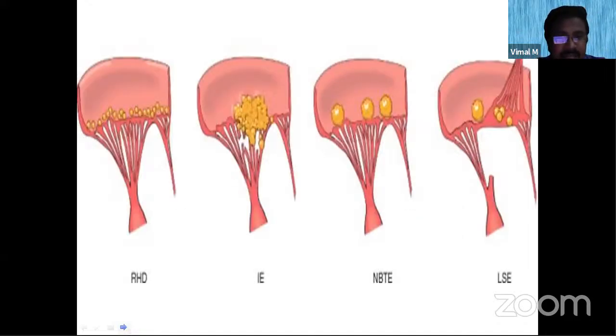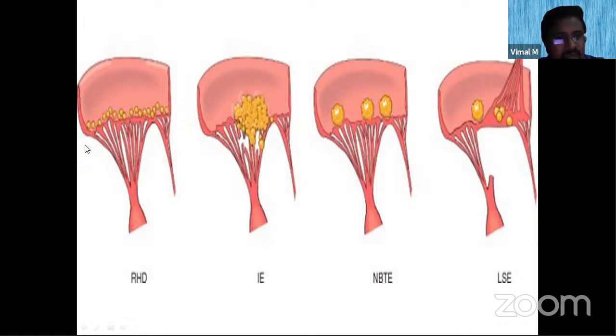So let us see the different types of vegetations in different heart diseases. In rheumatic heart disease, the vegetations will be small, but firm, warty vegetations along the line of closure. So this is the line of closure, and you can see all the firm vegetations just along the line of closure.